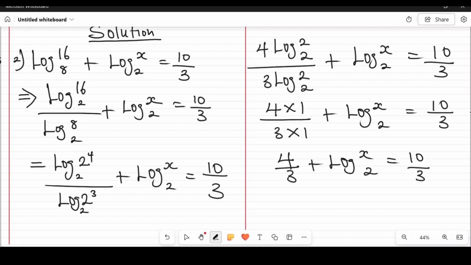Now we have to collect like terms. We have that log x to base 2 equals 10 divided by 3 minus 4 divided by 3. Now on our right hand side, our denominator is the same, so we take our LCM.